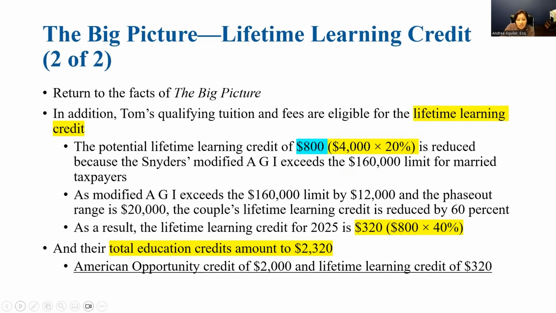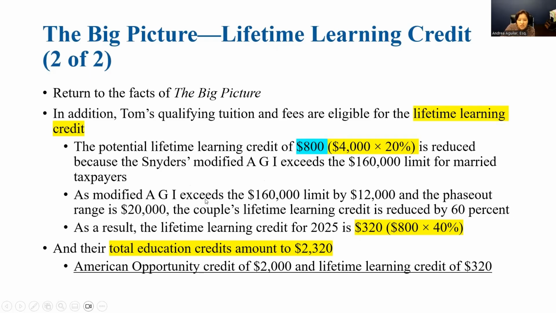So the potential lifetime learning credit is $800, 20% of $4,000. Okay, so in this case, the qualifying tuition and expenses is $4,000, and 20% of that is $800. However, this couple had an adjusted gross income that exceeds $160,000, so we need to apply a limitation here as well.